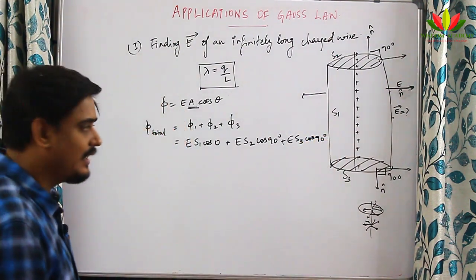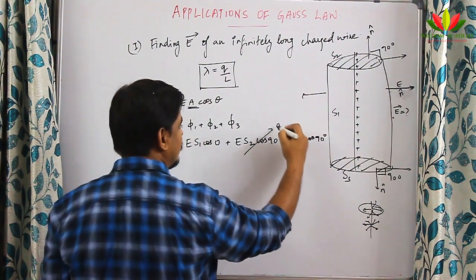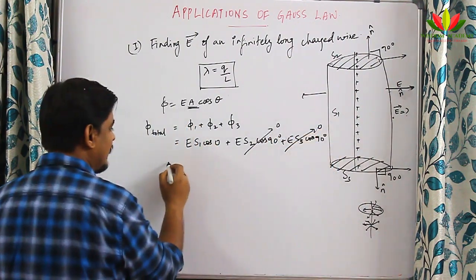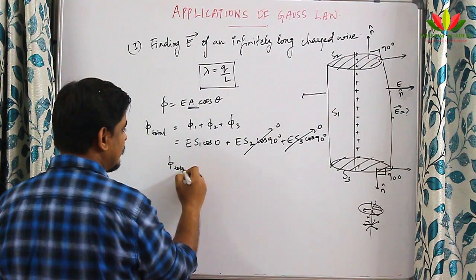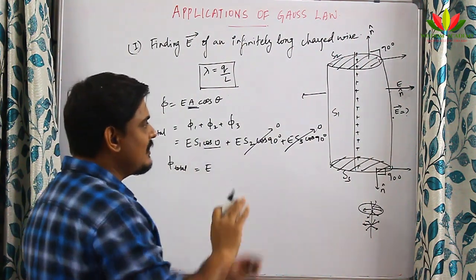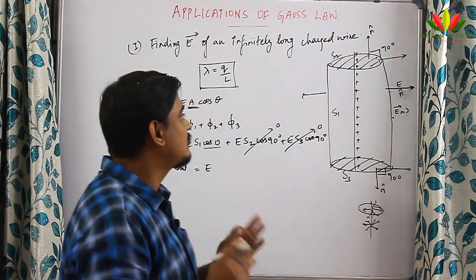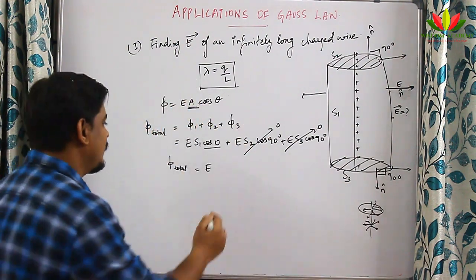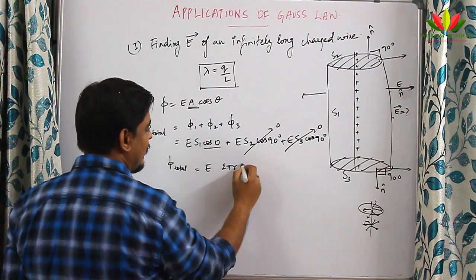What is cos 90? It is 0, so those two terms get cancelled. So the total phi is E into S1, as cos 0 is 1. Now, what is the curved surface area of a cylinder? It is 2 pi r L.